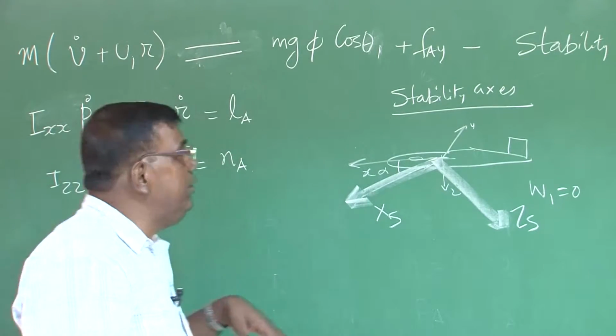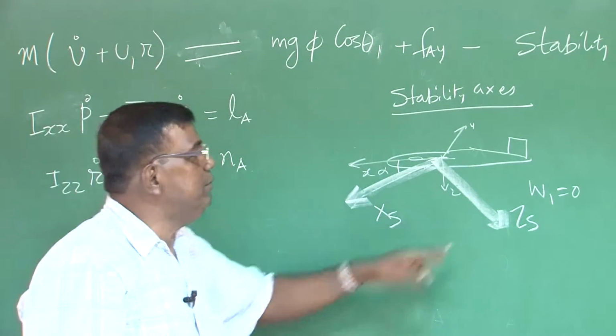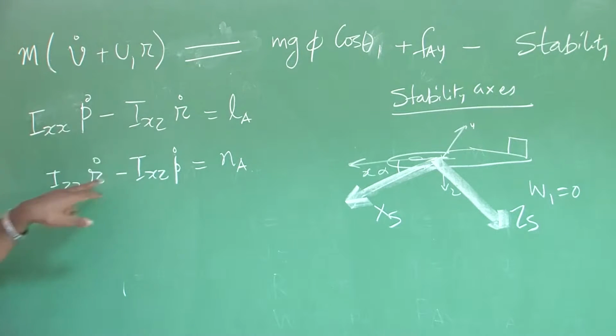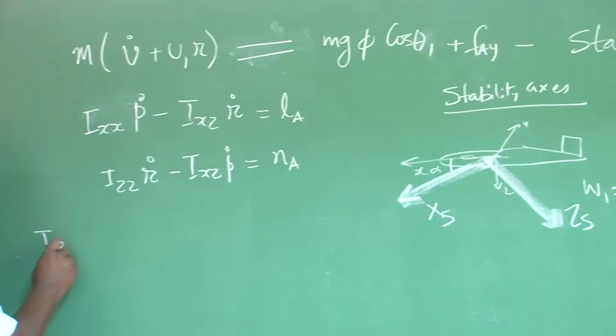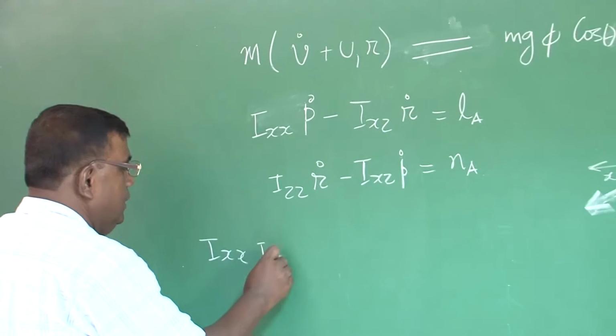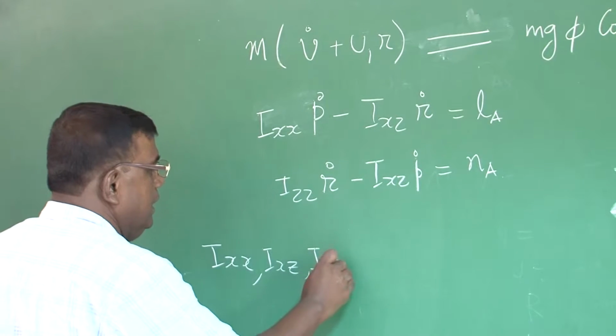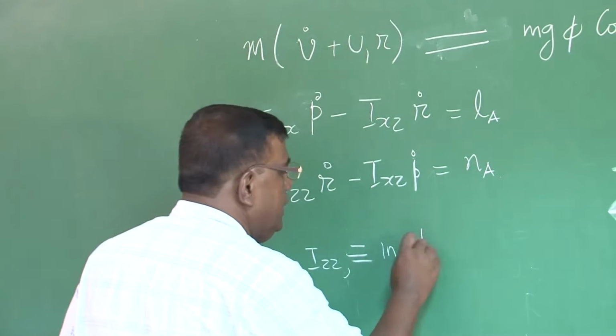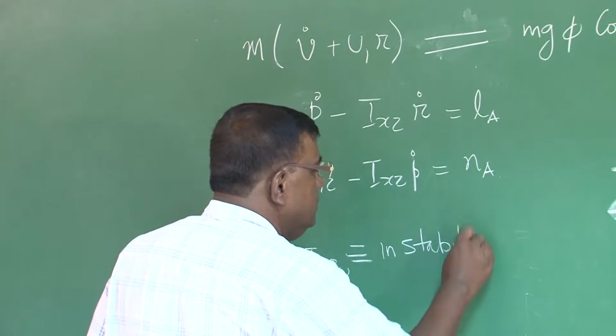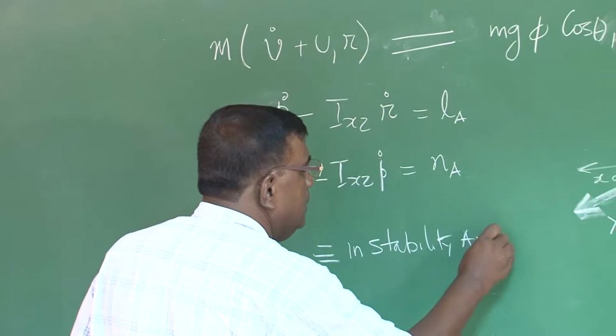Now you are solving everything in stability axis system. So these Ixx, Ixz, Izz, Ixz, they also should be in stability axis system.